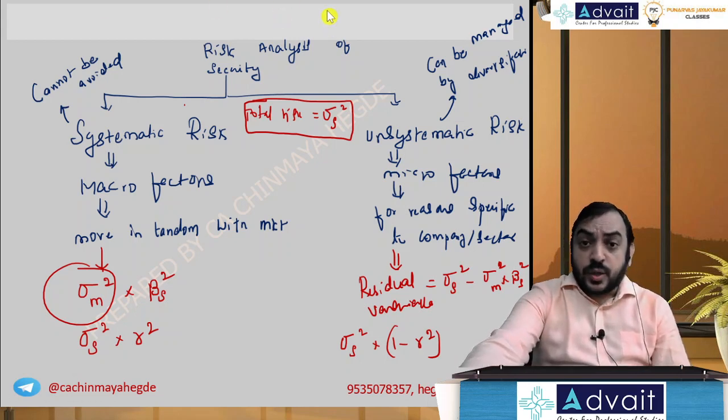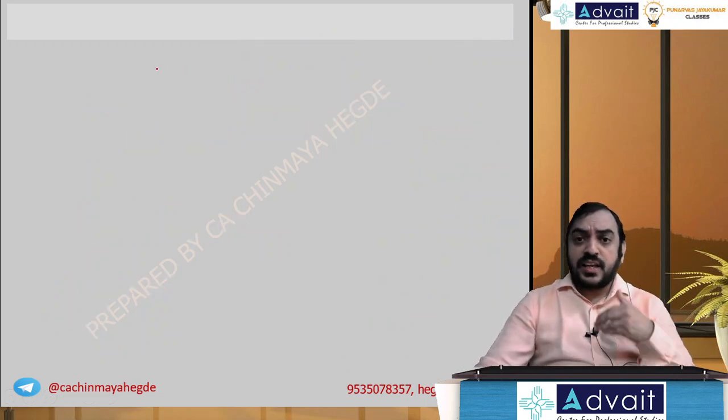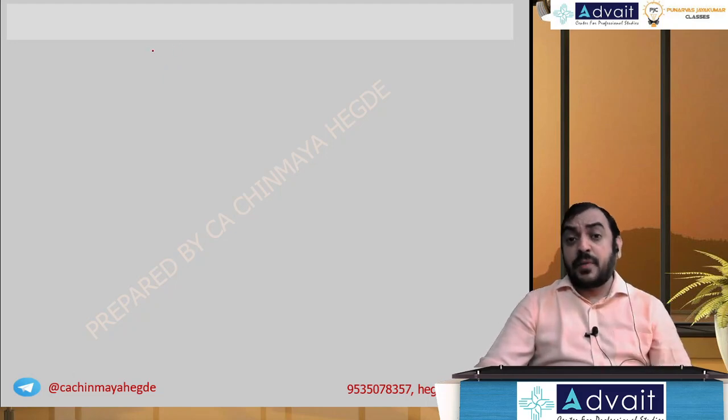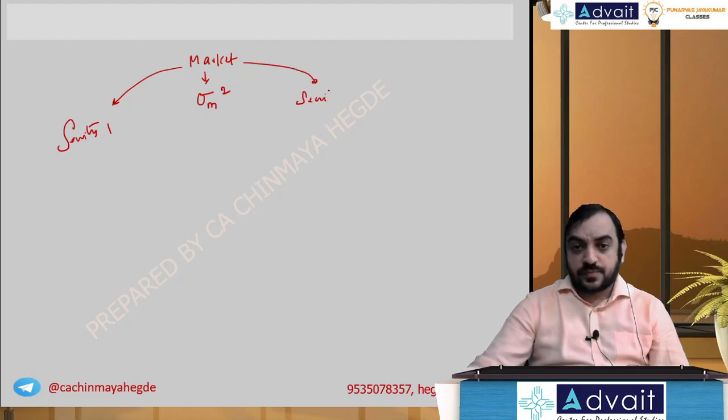Okay. There is one more formula we just have to confirm here. In some problems it is there. You calculate covariance by connecting the markets. See, you have markets, and market variance is calculated by sigma m square. Then you have security 1 and security 2. Security 1 risk is measured by beta of 1, and security 2 by beta of 2.